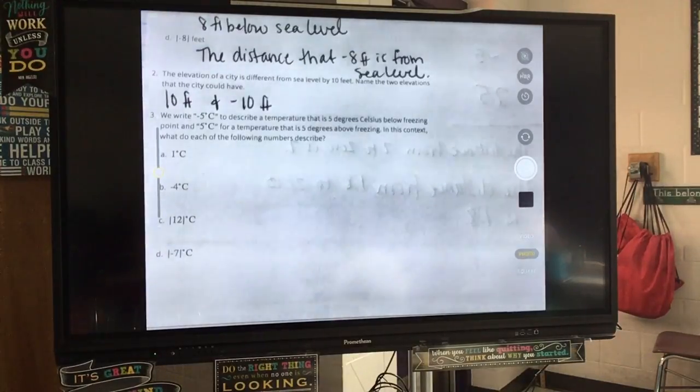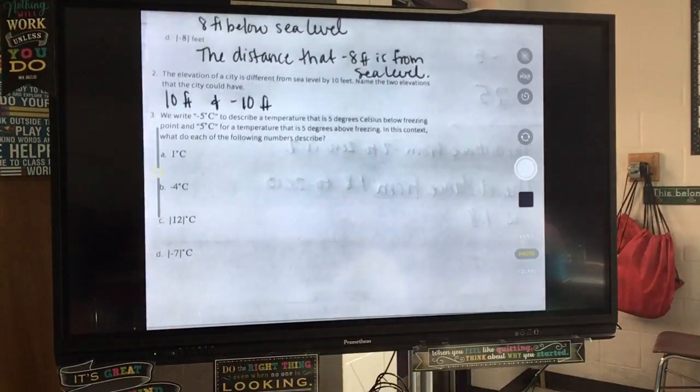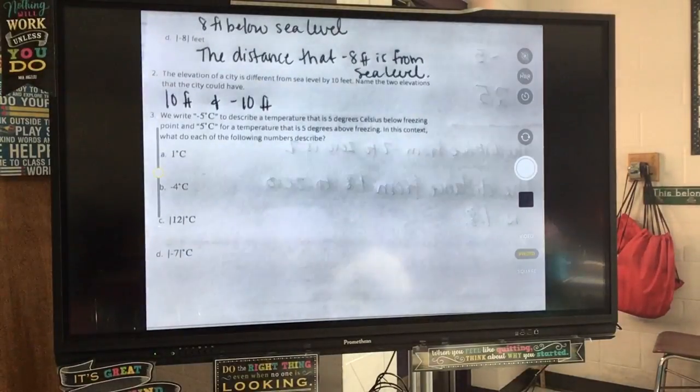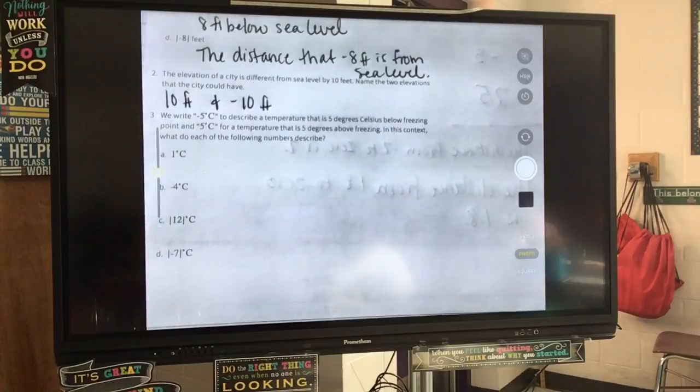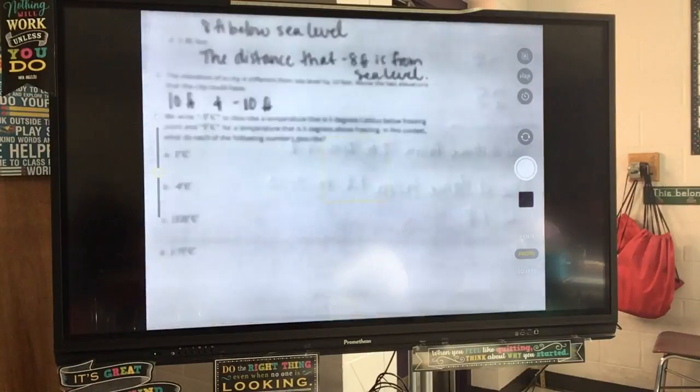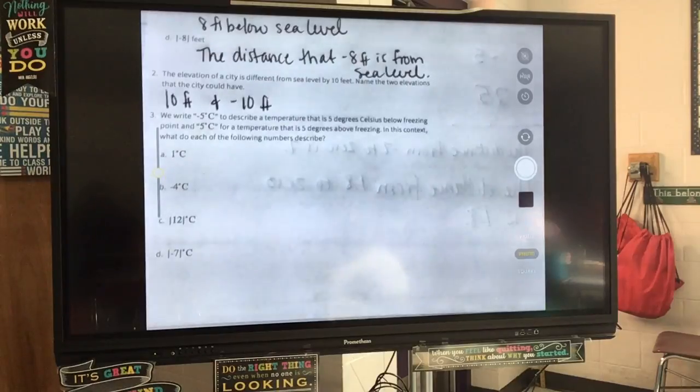Negative 4 Celsius. So it's still Celsius. For this one it's Celsius. Okay, so yeah, now we're just writing above, below. Oh wait, we have more? No.